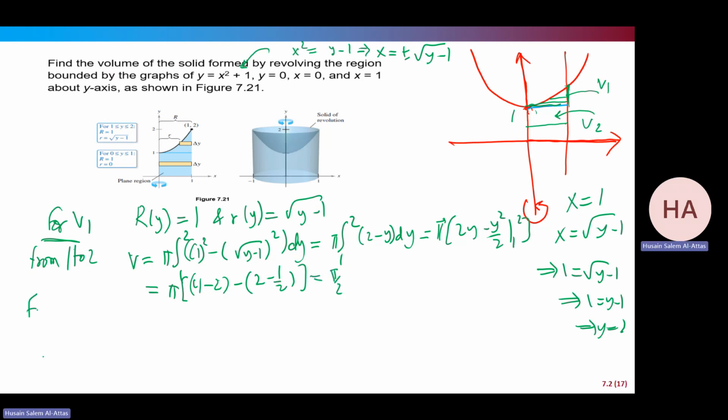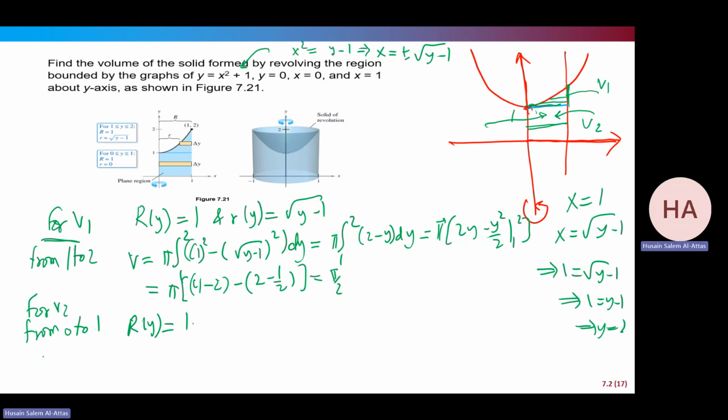Now for V2, from 0 to 1, which is this area. Now I have only this line, so it's only a disk, it's not a washer. I don't have two functions. I have only one function, which is x equal 1, so capital R of y is 1.